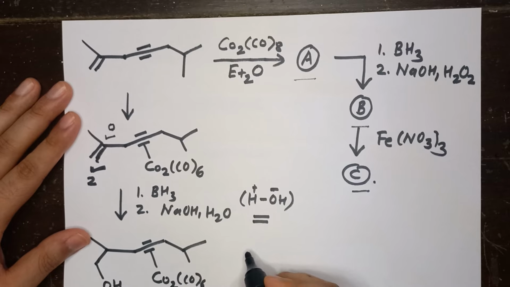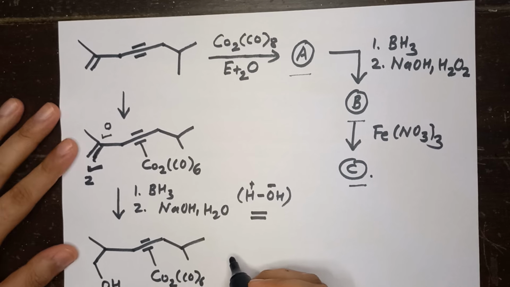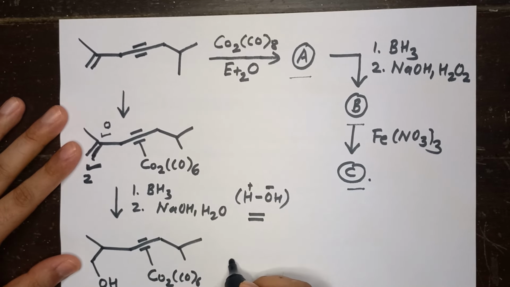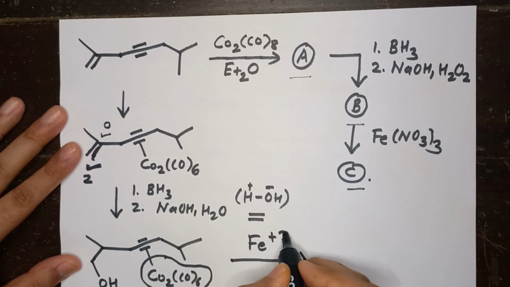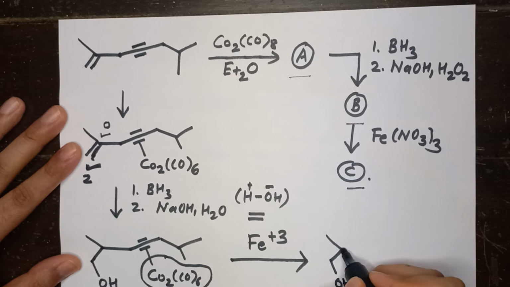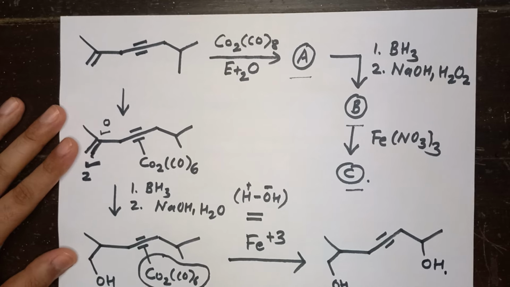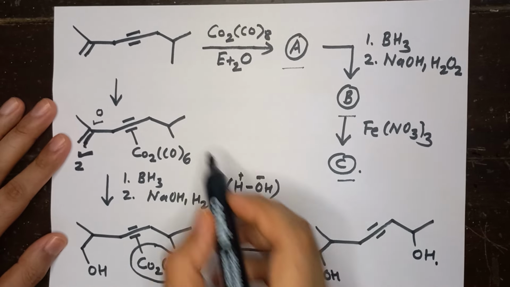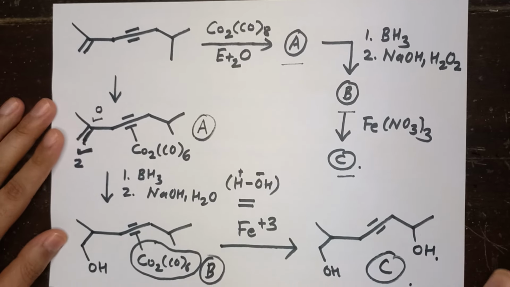Okay, and finally to get the structure of C, you are deprotecting your alkyne by using ferric salt. And now the triple bond is free to react. So this is the structure of A, this is the structure of B, and this is the structure of C.